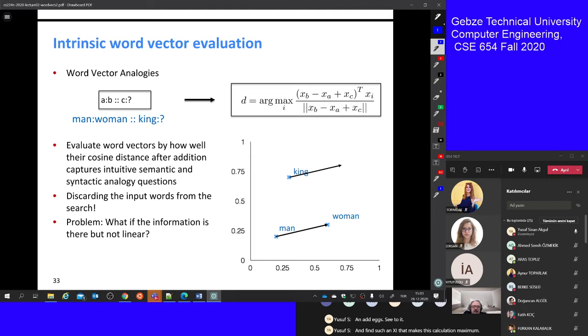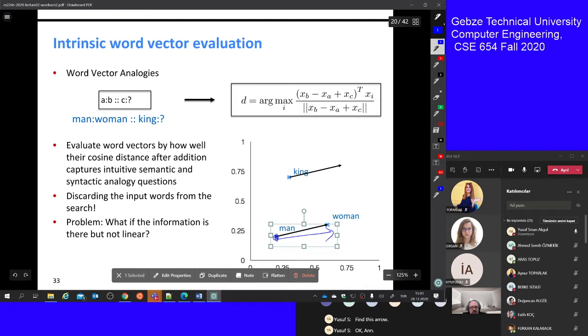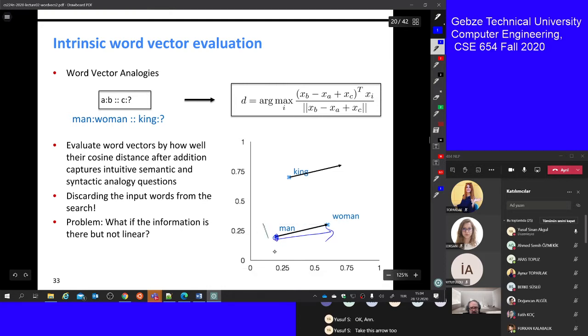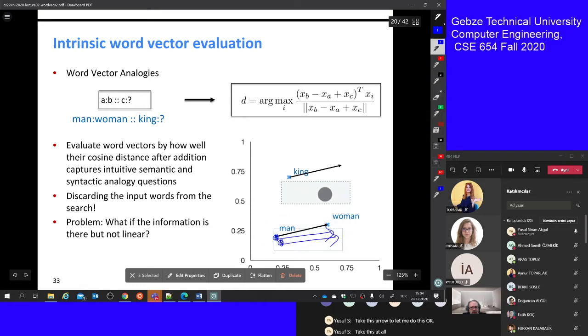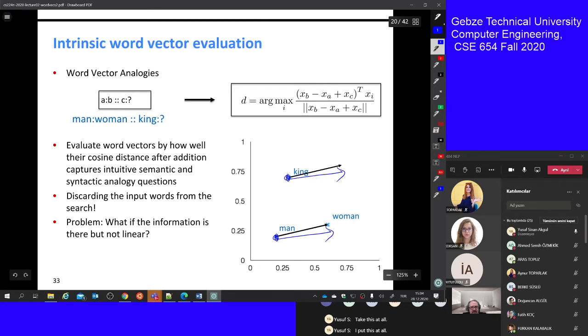Basically, find this arrow, and take this arrow and put this arrow on top of king, and find the word that is closest here. Which word is the closest?